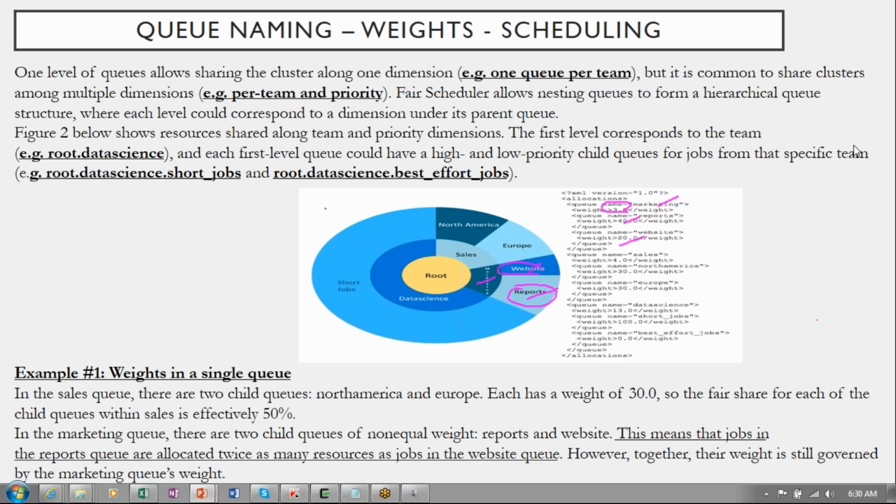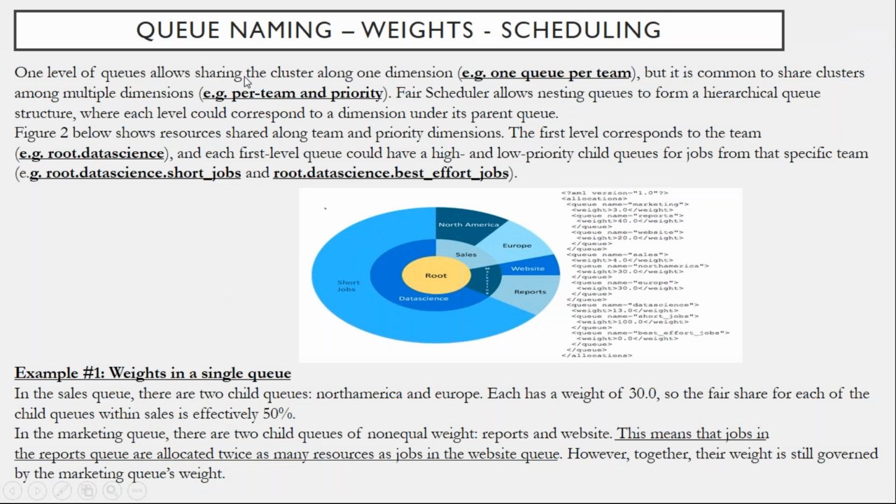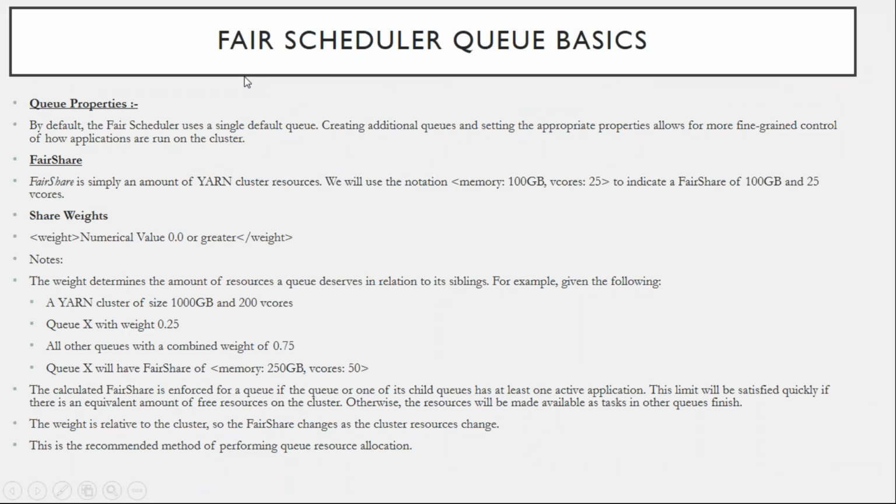Hope things are getting clear to everyone now. I'm happy for that. Let me go to the next slide. Fair scheduler queue basics. This one is very simple. You have a queue property, you have a fair share. Within that fair share you have a share weight, and that is how you can determine it. A fair share is simply an amount of YARN cluster resources.